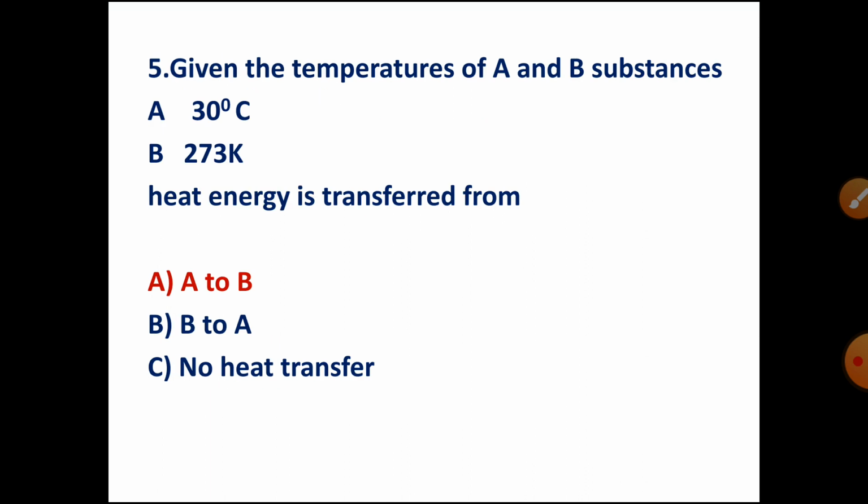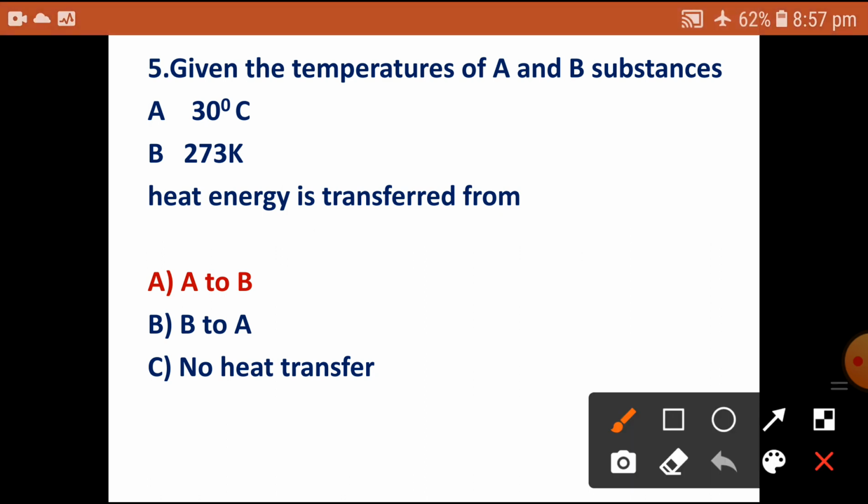Here, given the temperatures of A and B, heat energy is transferred from? A is at 30 degrees centigrade, B is at 273 Kelvin. First of all, what do you have to do? We have to convert A, 30 degrees, to the Kelvin scale.